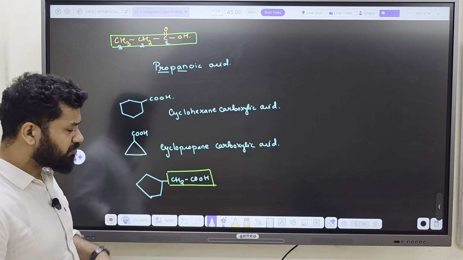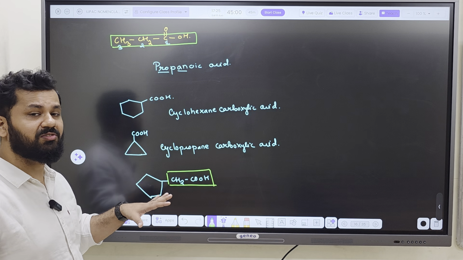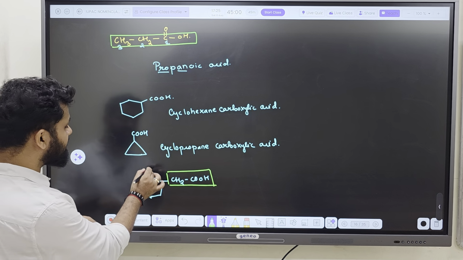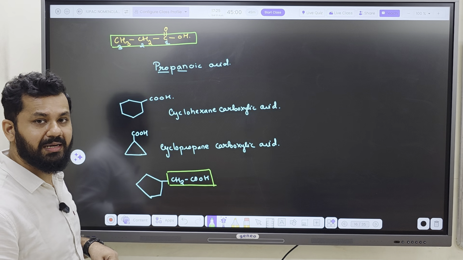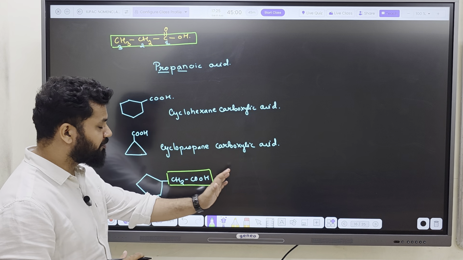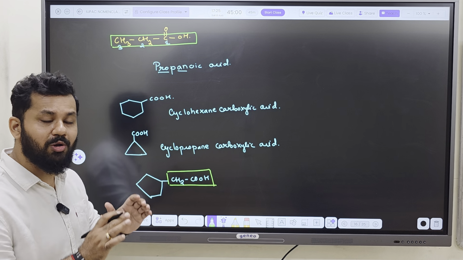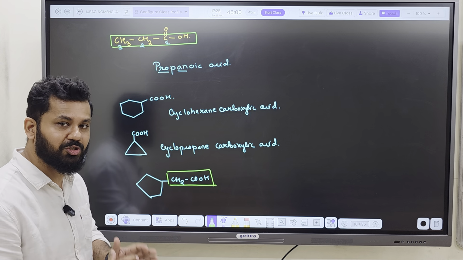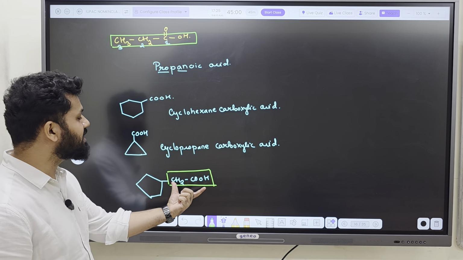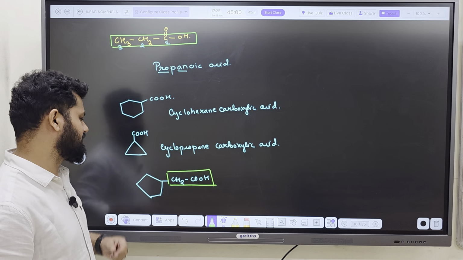That's because I have to always select the PCC in such a way that the functional group is included in it. If I select this ring cyclopentane as the PCC, then I'm omitting the functional group, which is not allowed. I have to always make sure that the primary functional group is included inside the PCC, and hence the side chain becomes my PCC.